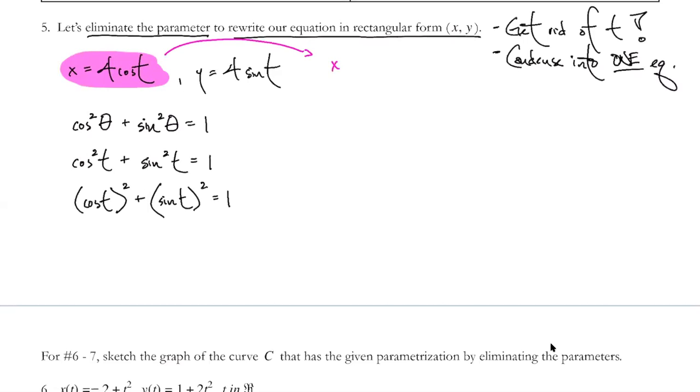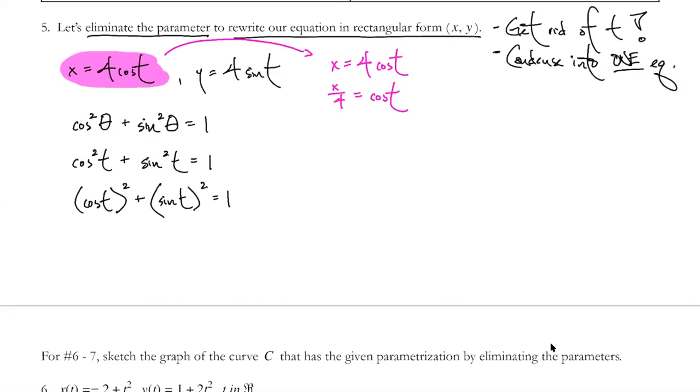So we know that x equals 4 cosine t. Well, look what happens when I divide both sides by 4. Okay.